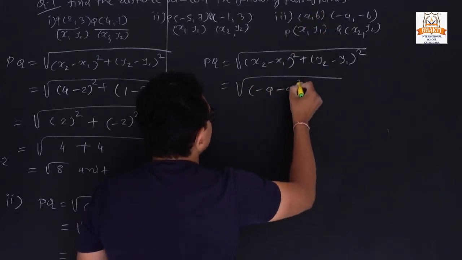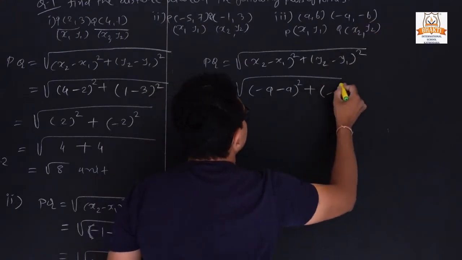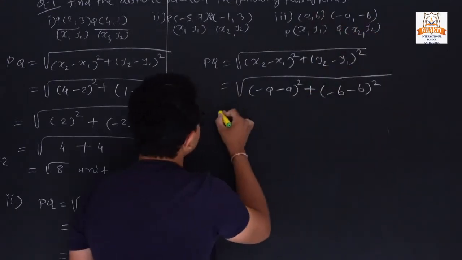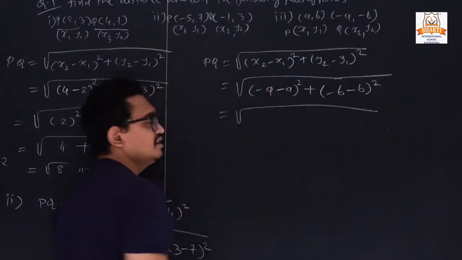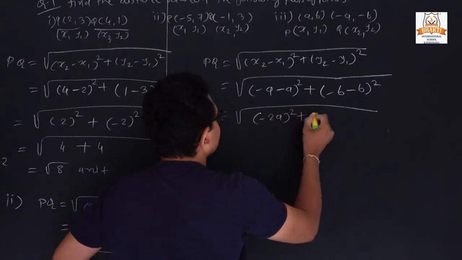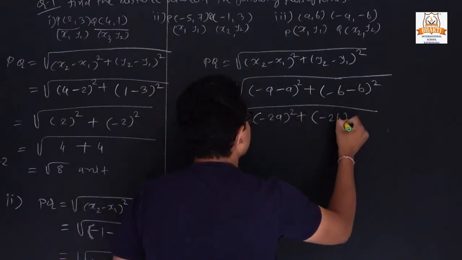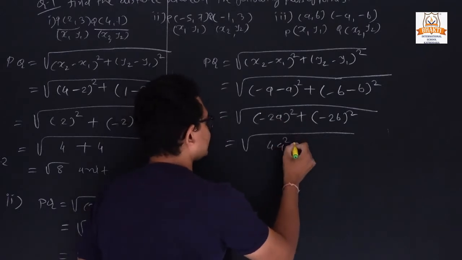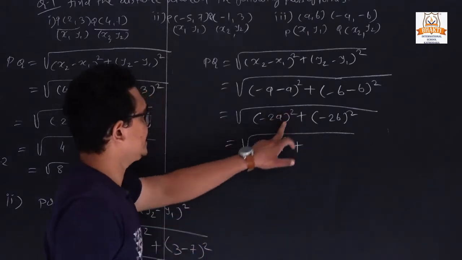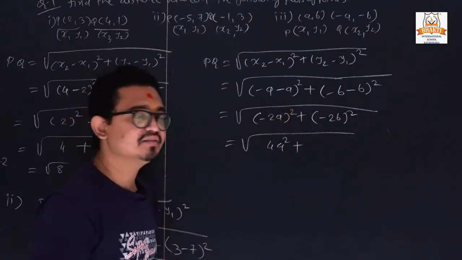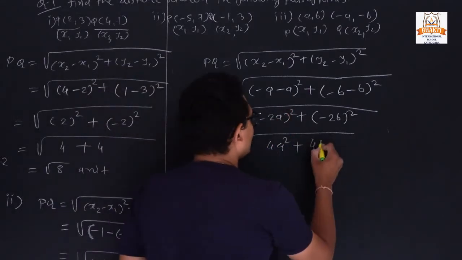It is a. y2 minus b, y1 b all square. Minus minus plus, so minus 2a all square, minus 2b all square. So minus 2a, so it is 4a square, because minus 2 square is 4 and a all square is a square. Here 4b square.